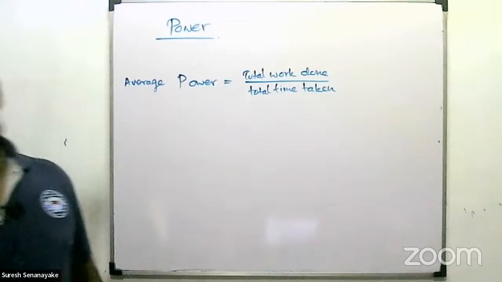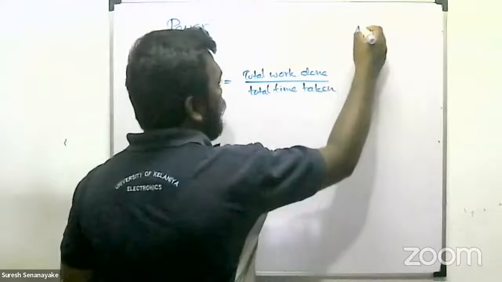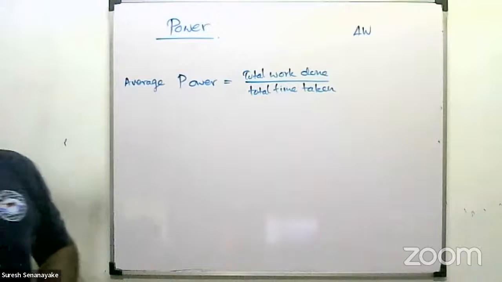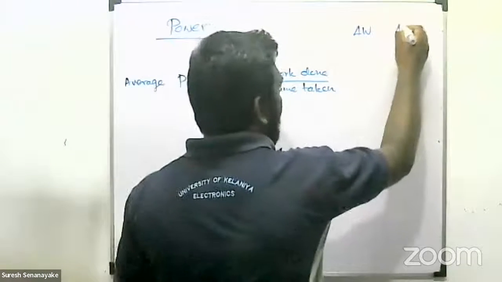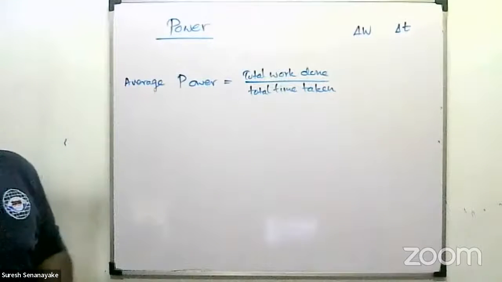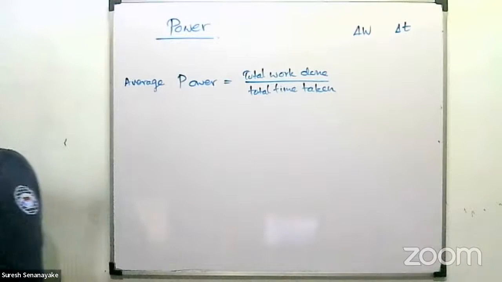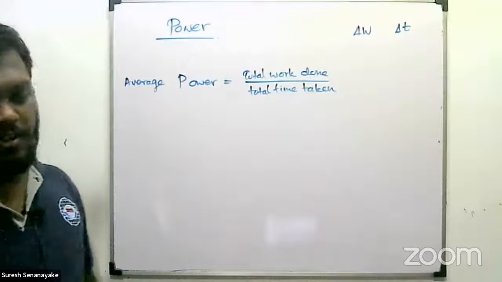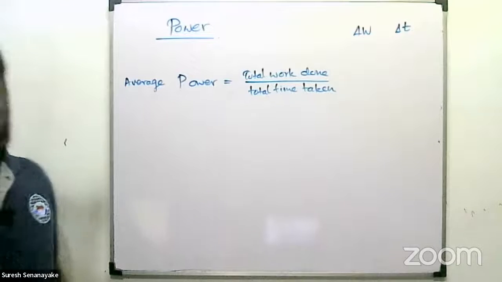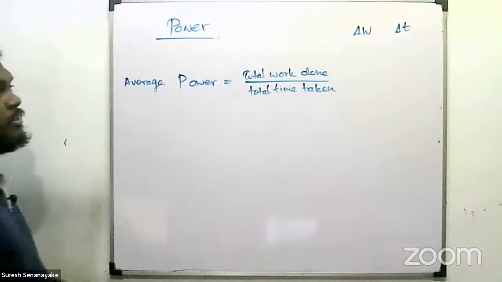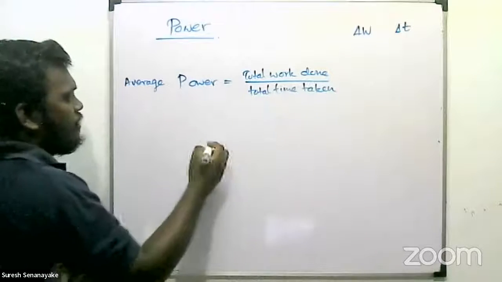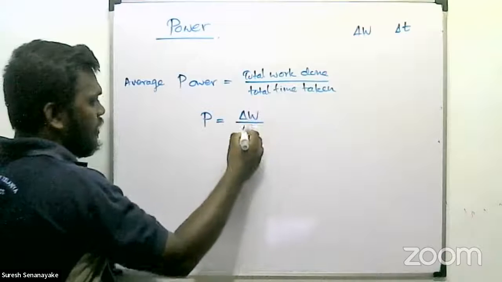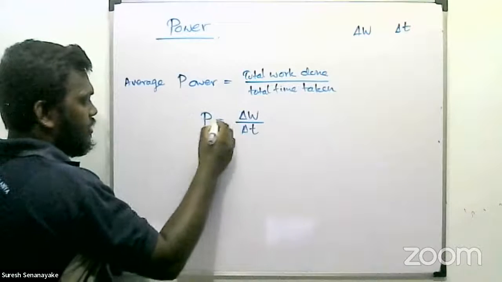If an agent does work delta W in a small time interval delta T, then the average power delivered can be written as, right, the average power is the total work done over the total time taken, so that is written as P equals delta W over delta T. So this is average power, right?